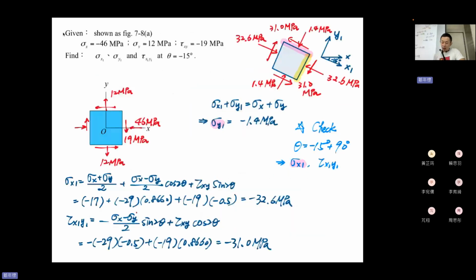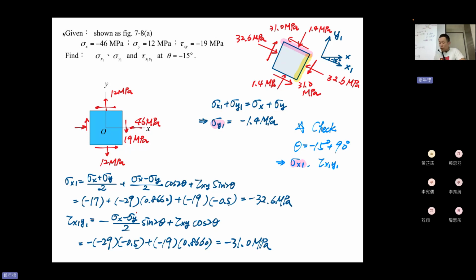Then we did the first example: if we have this stress element, what about the stress element on the surface at negative 15 degrees? We just substitute into the formula and we can get this one. And sigma y1 can be determined by the stress invariant.